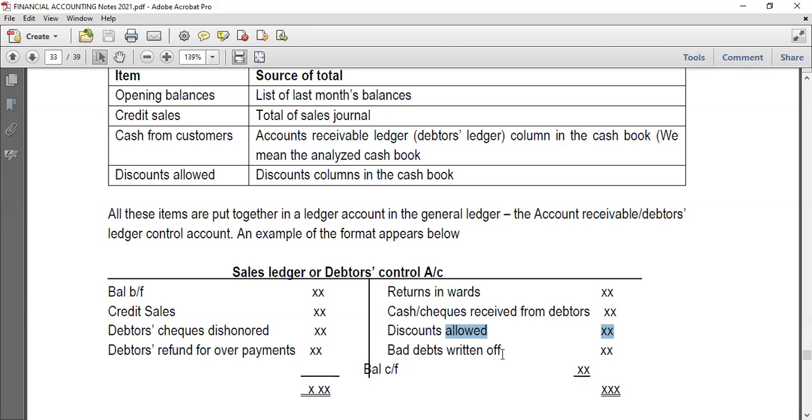The same thing similar to that is the bad debts written off. Now, if you remember when we had this class of bad debts written off, we say that businesses work in environments that have cases where some people don't pay when they are supposed to pay, okay? And some people may either run bankrupt.